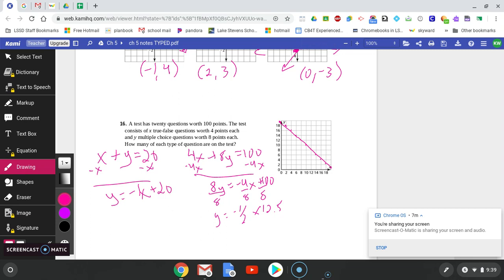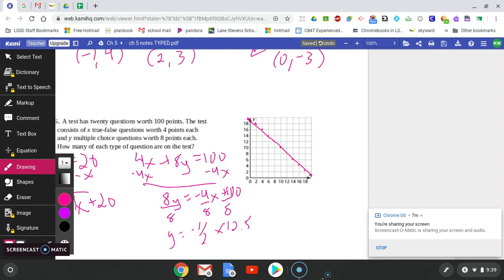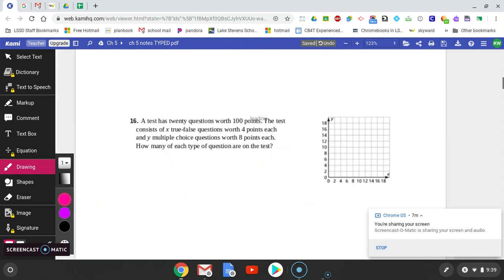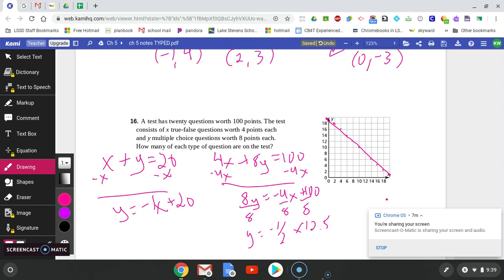So I can connect those points. My second one has a y-intercept of 12.5, so that's going to be about here. Let's see. 12.5 is about right here. And a slope of negative 1/2 means that I will go down 1 over 2, down 1 over 2, down 1 over 2, down 1 over 2, down 1 over 2.